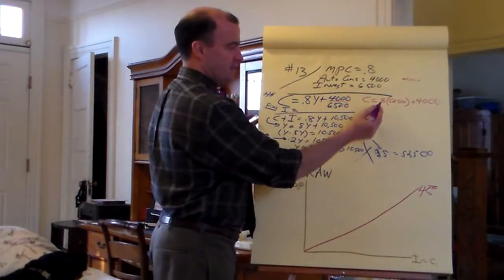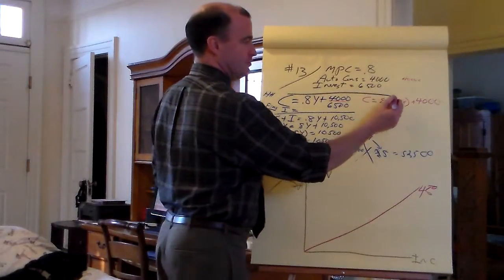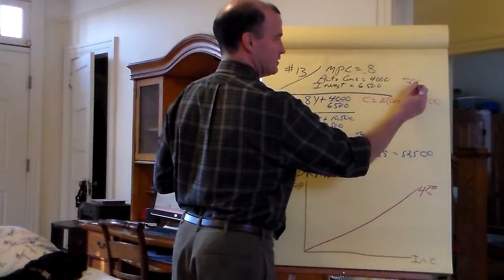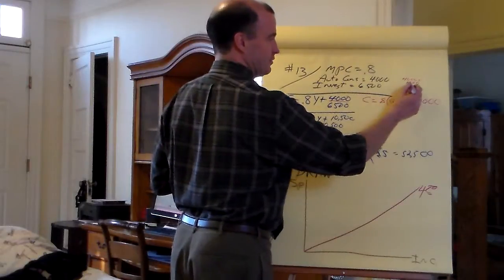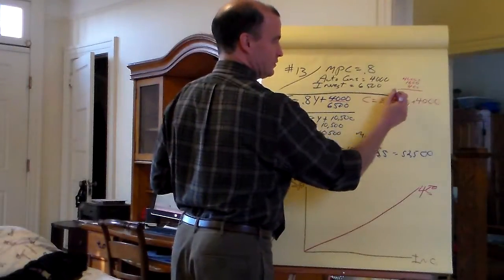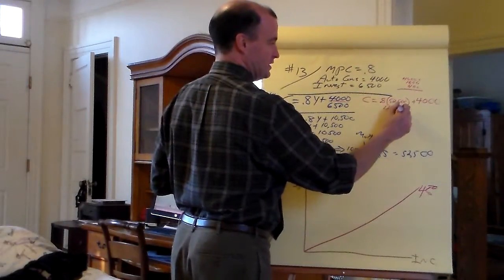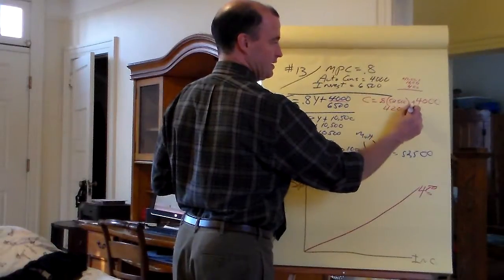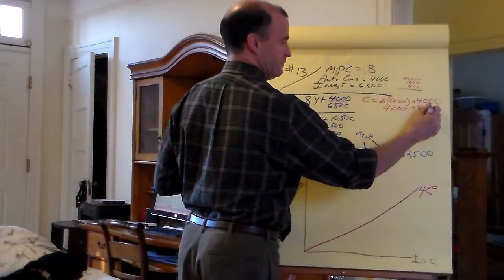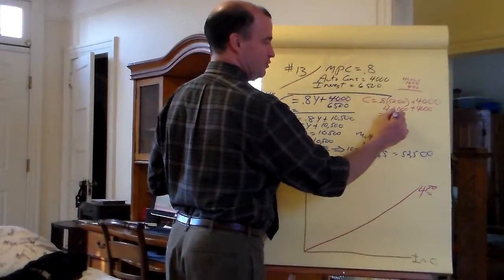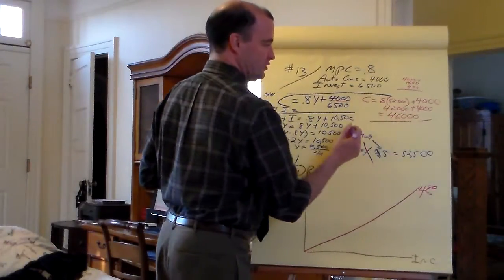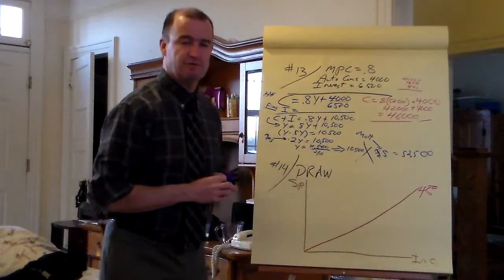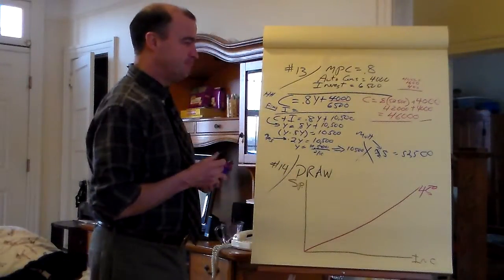You can do this with your calculator, obviously. 0.8 times 2 is 16, so that's 1,600, and 0.8 of 500 is going to be 400. So I'm getting 42,000 here, plus 4,000, which means my total consumption figure is 46,000. I sure hope that's right, or else I'm going to have to start the video over.